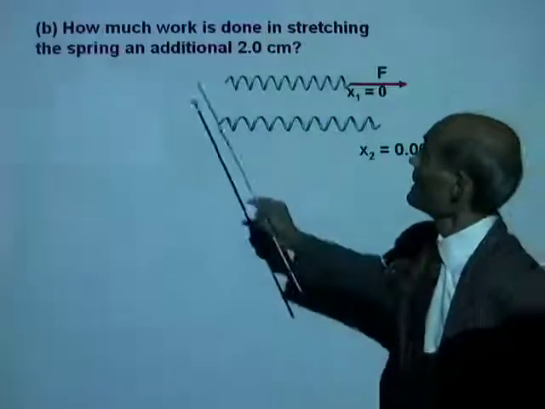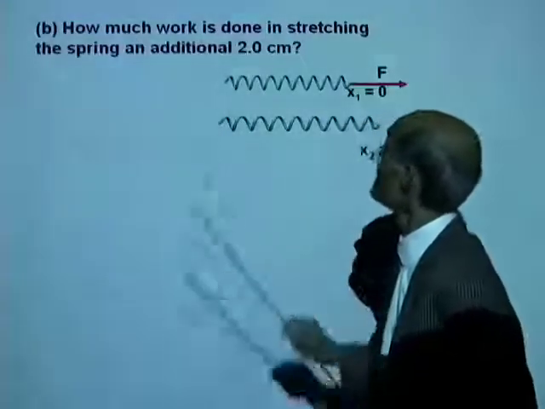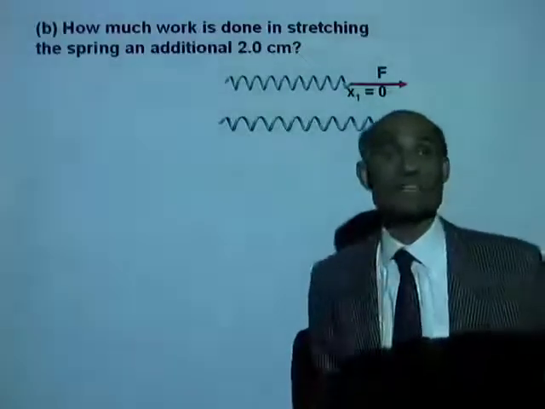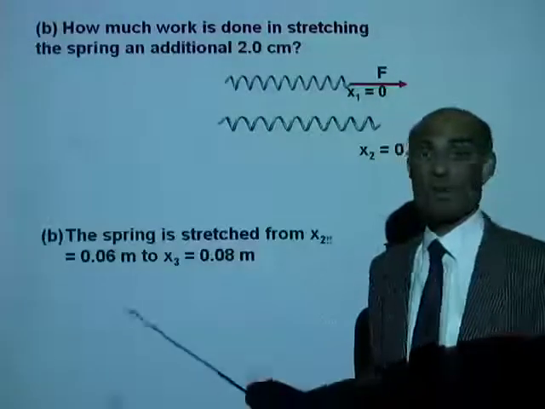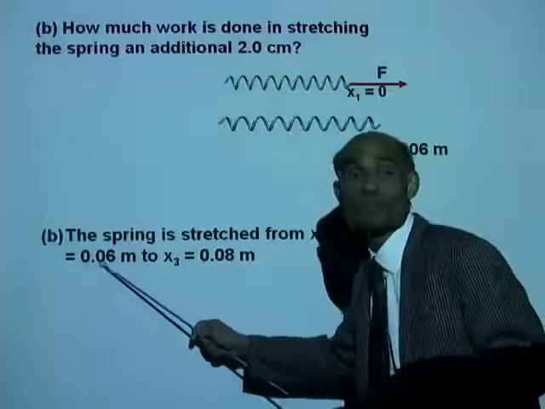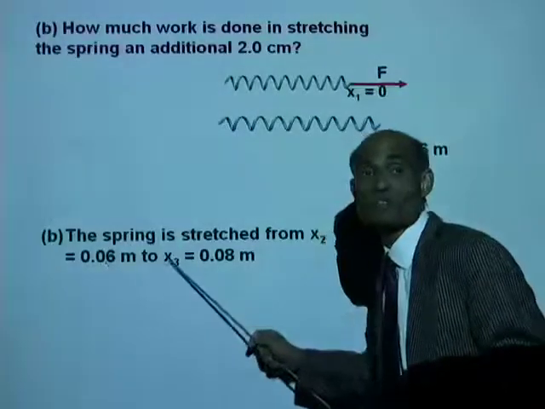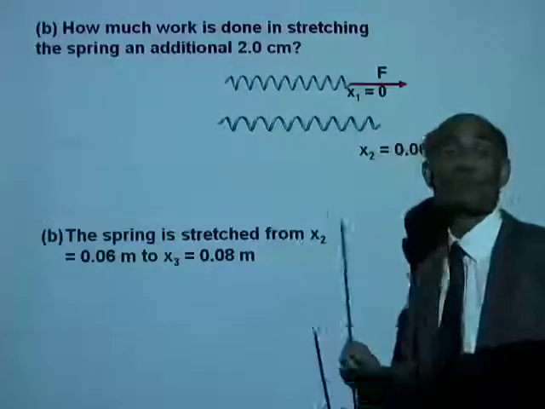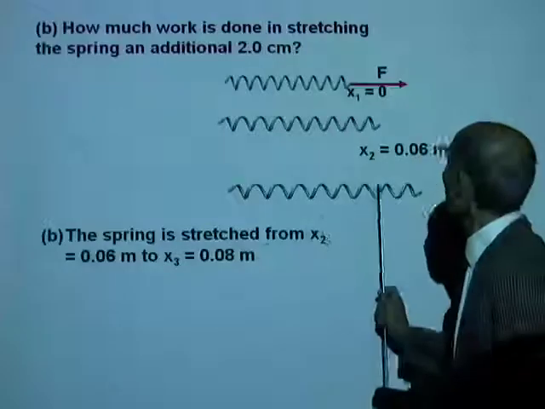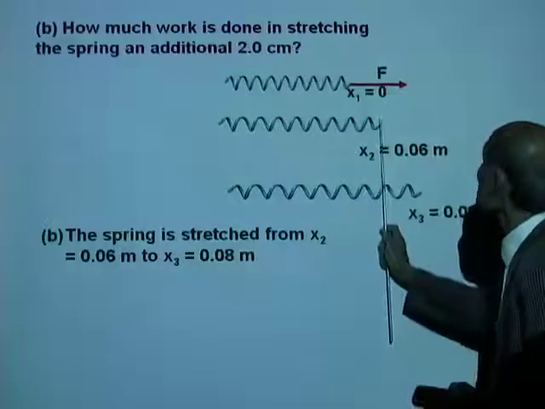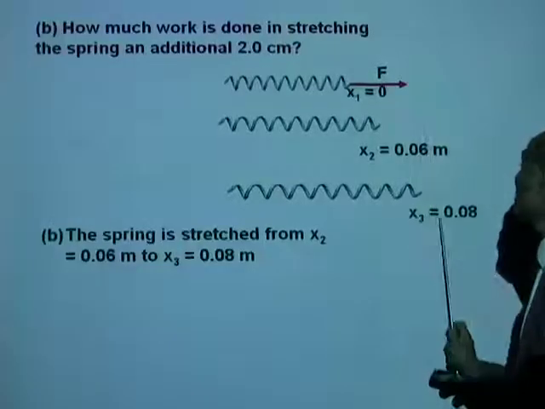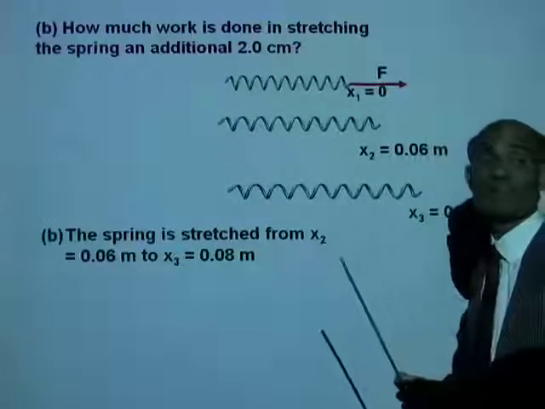Alright. Next, how much work is done in stretching the spring an additional 2 centimeter? Well, the spring is now stretched from x2 equal to 0.06 to x3 equal to 0.08.